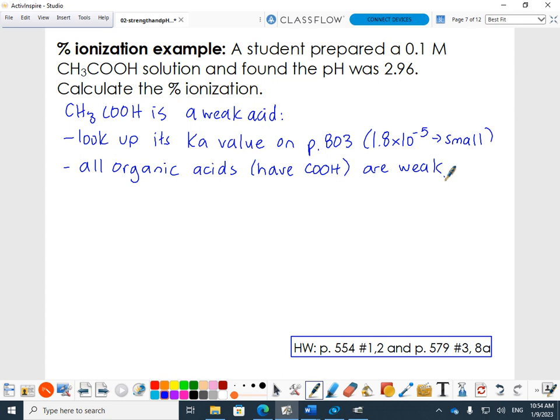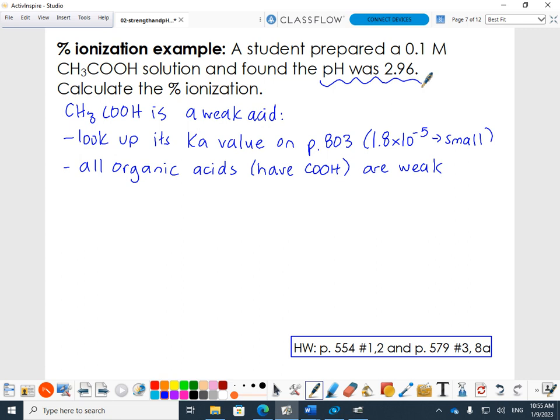Another piece of information we're given is the pH. Last week, when we calculated pH for, I think it was nitric acid, our answer was negative 0.6 or negative 0.4, a very, very low pH. 2.96 is definitely below 7.